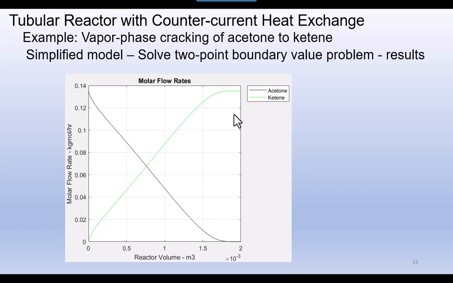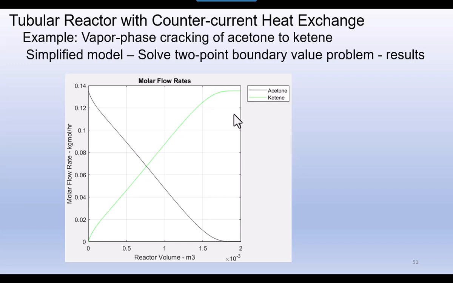So now, just for a moment, what we want to do is go back and see what happens when we solve this for the full model instead of the simplified model.